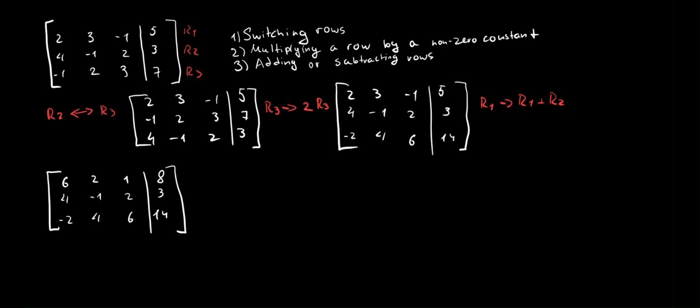You can also use multiple row operations at the same time. For instance, we could have done something like R3 also R3 plus R2, right? It's not a requirement.